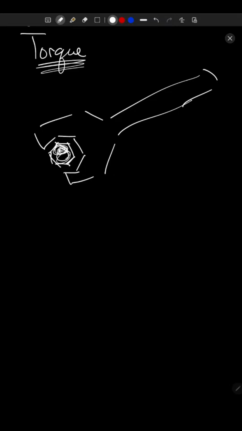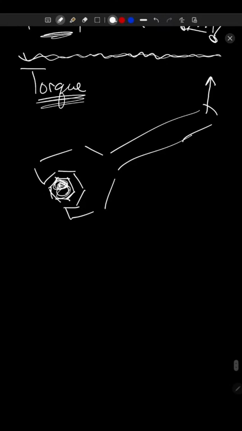So let's say I'm turning this wrench in that direction with a certain amount of force. Let me draw that vector again, in this direction with a certain amount of force F. Let me do it in a different color. I'm going to need this vector right there all the way to the point at which I'm turning. I'm going to call that R.